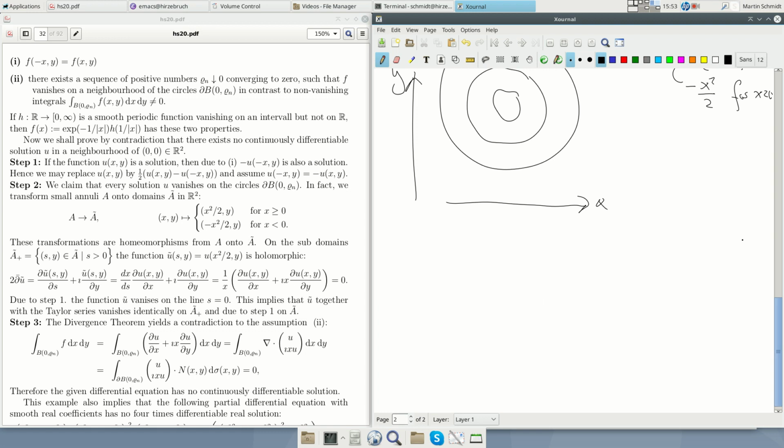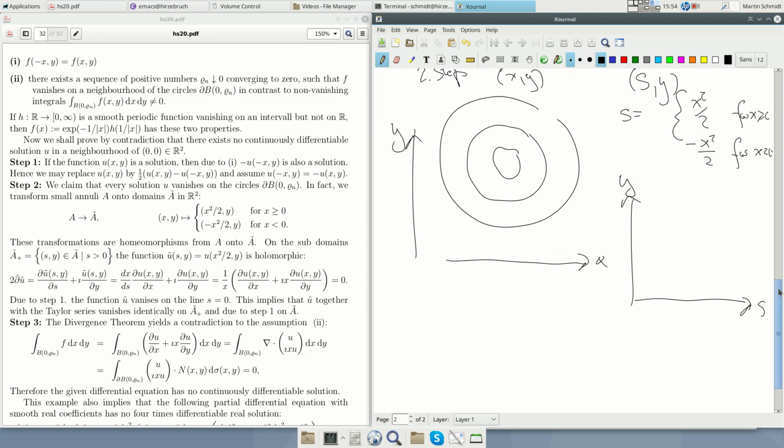And now if we do the same with the s coordinate and the y coordinate, then we see for very small x, x squared is of course much smaller.